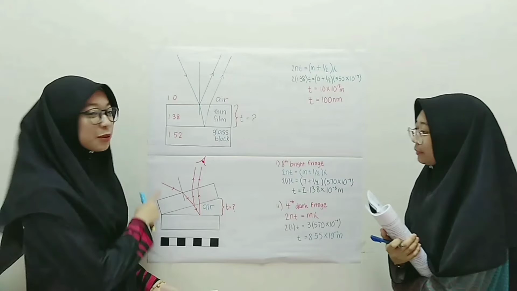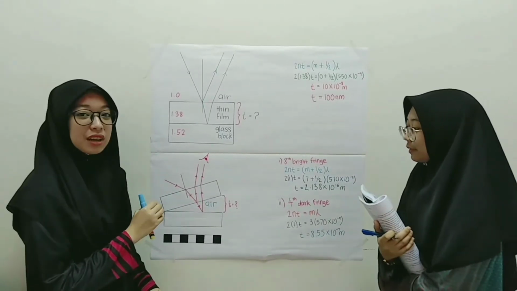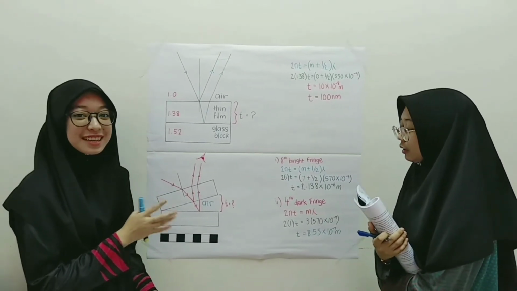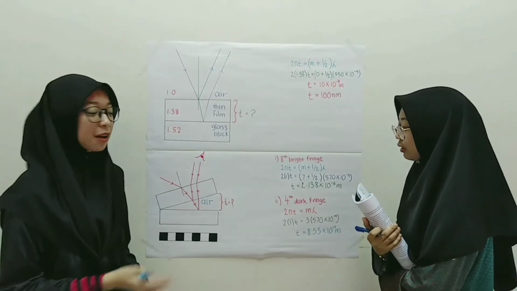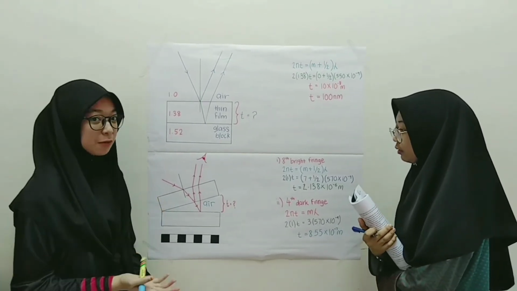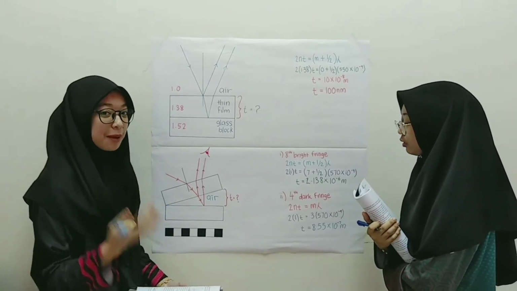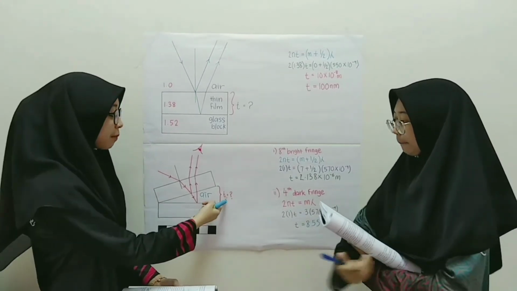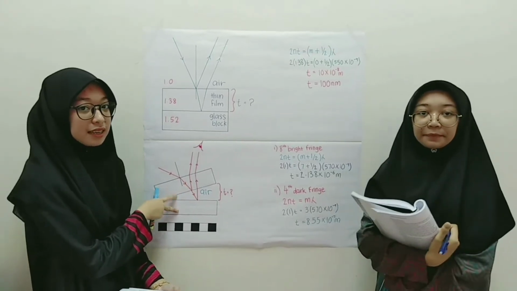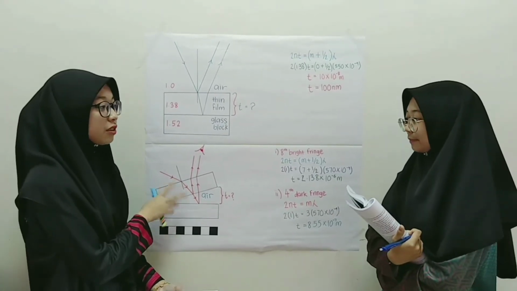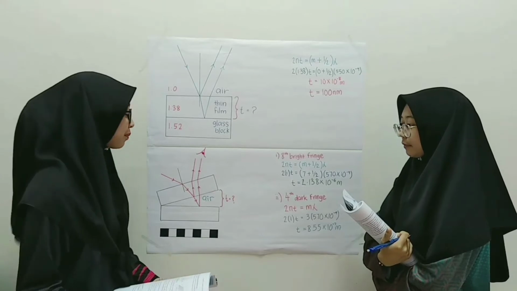So for question 2B, the question gives the situation about the wedge, how the wedge is formed. A piece of paper or another material is put between the two glasses or two different materials.